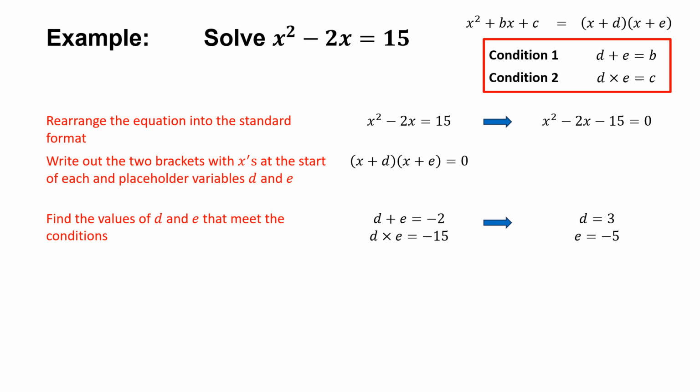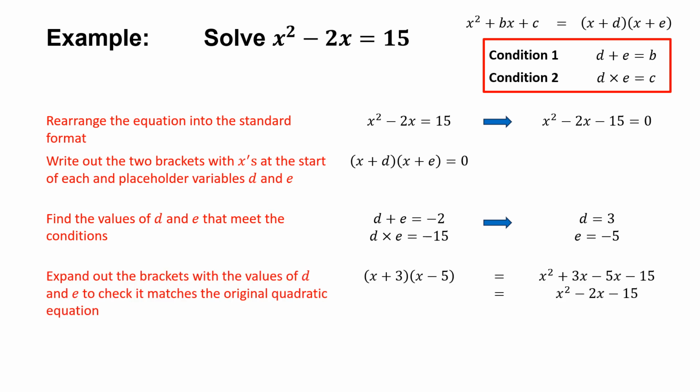Our second condition is that d times e is equal to c, and our c term is the number on the end, which is minus 15. So we need to find two terms, d and e, such that d plus e equals minus 2 and d times e equals minus 15. If we run through some different combinations, eventually you should find that the d term is equal to 3 and our e term is equal to minus 5.